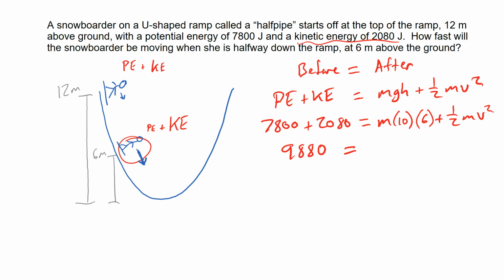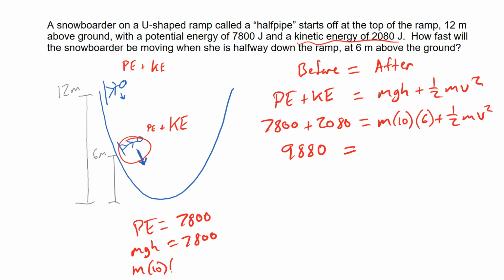Okay, so it seems we have two variables here and don't really know how to solve that. But fortunately for us, we can figure out what the mass is, because we know at the very beginning her potential energy was equal to 7,800, and we know that she had a height at that point of 12 meters.